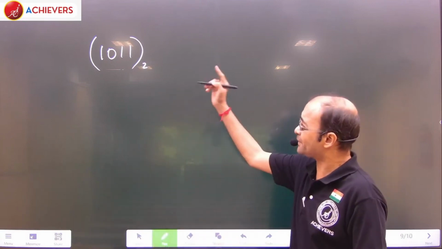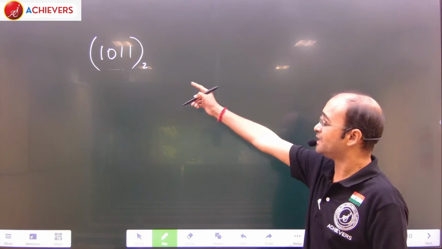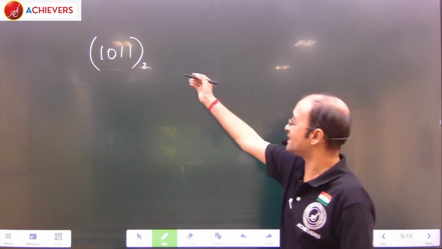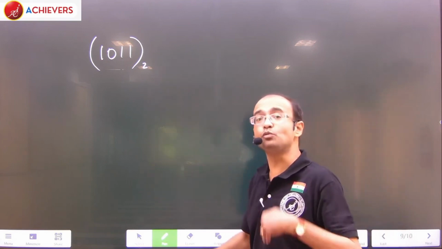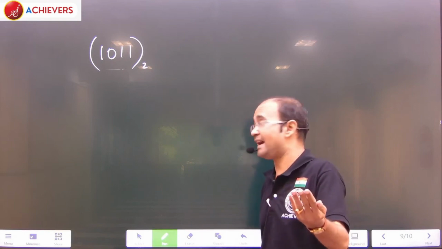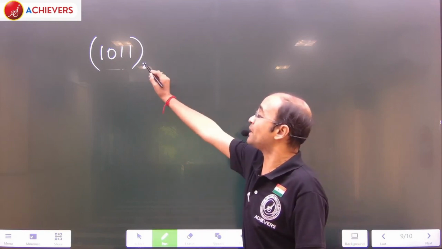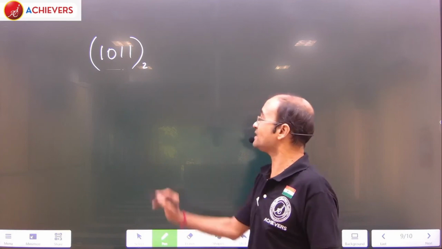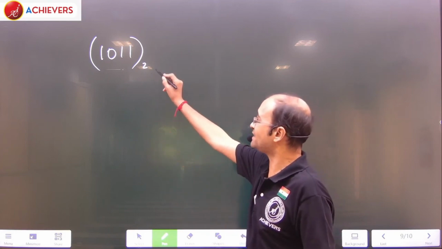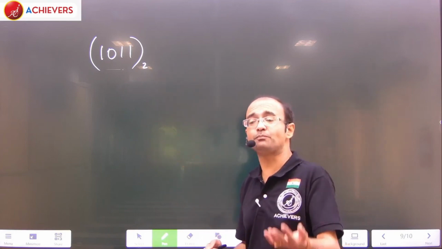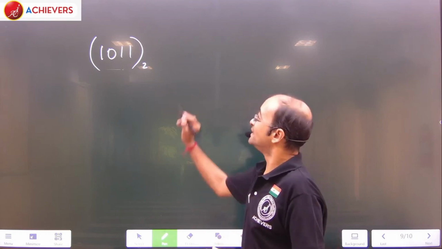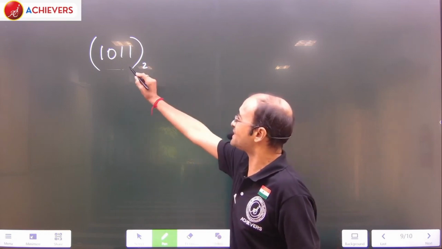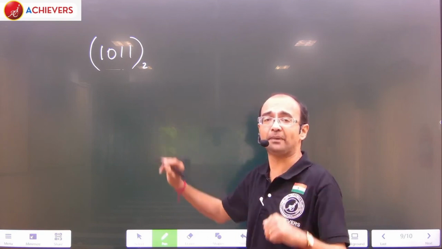So we have to provide the suffix to make others understand what the number system of this number, 1011, is. If we write suffix 2, it represents a binary number.